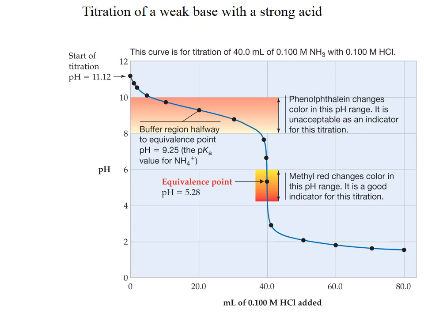You would be better off choosing an indicator like methyl red that transitions near the equivalence point. It has to be on the vertical part of that transition range in order to be a good choice of indicator. Now the pKa that you see here is still at the midpoint. So the midpoint is still the pKa, and that would be the pKa of the conjugate acid of the base.